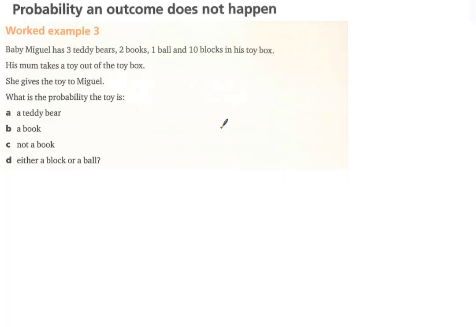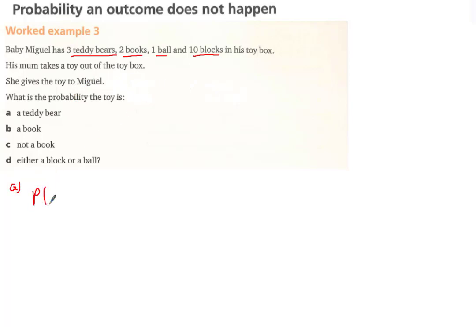So baby Miguel has 3 teddy bears, 2 books, 1 ball, and 10 blocks in his toy box. His mom takes a toy out of the toy box. She gives the toy to Miguel. What is the probability that the toy is, under A, first question, a teddy bear.